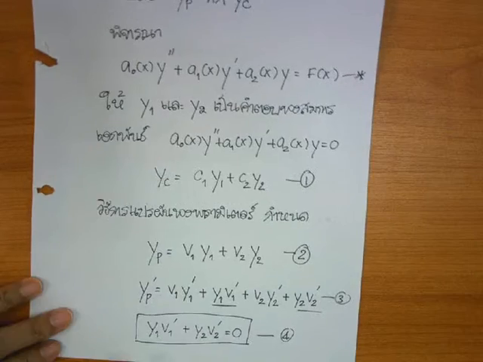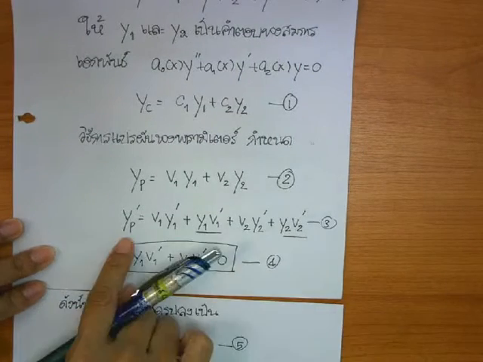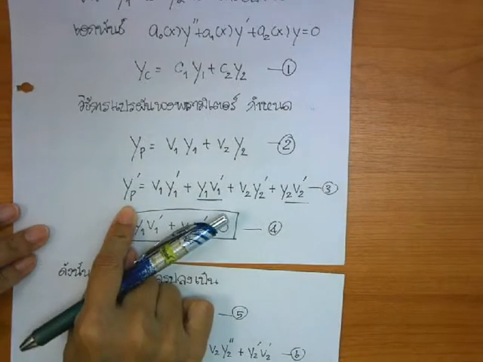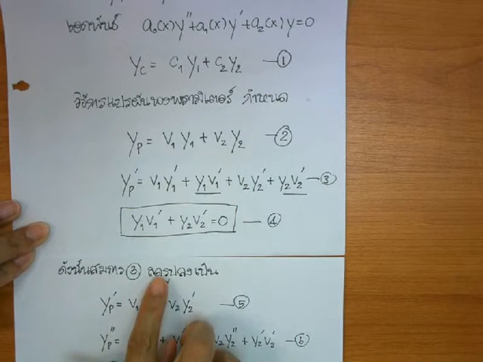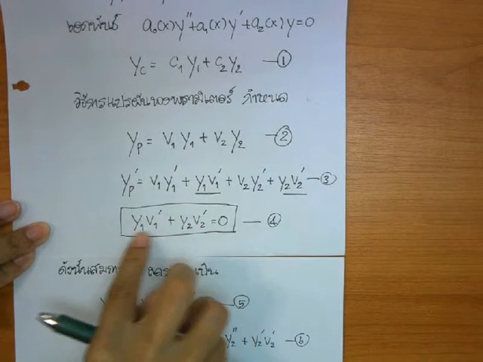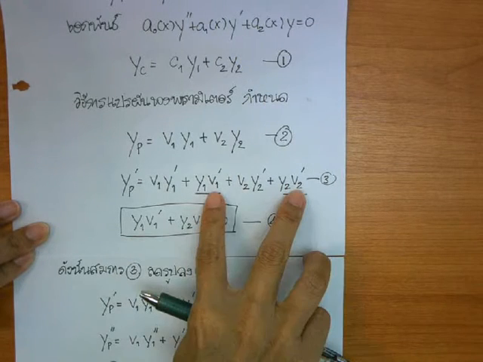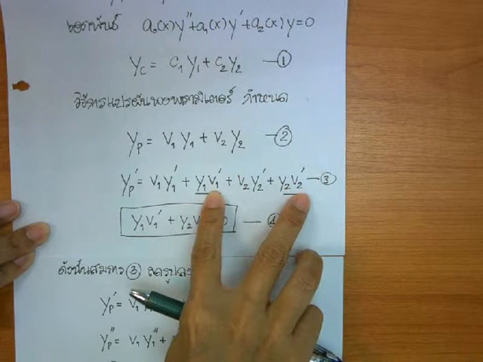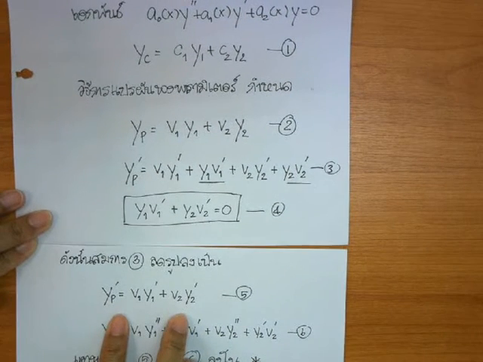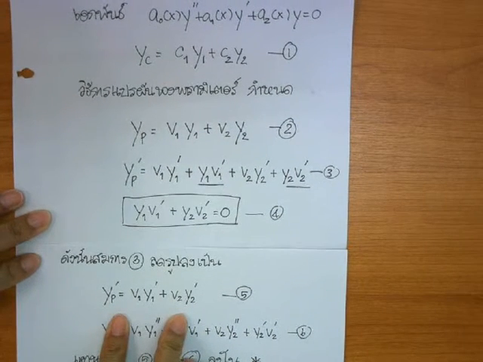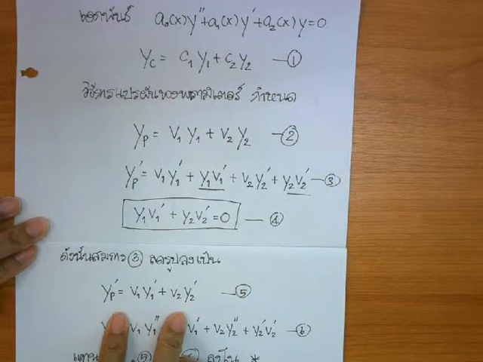From doing this, our first derivative of yp changes to this, because these two terms add together and equal 0. So now equation 3 reduces to this form. What do we do next? We take the second derivative of yp.